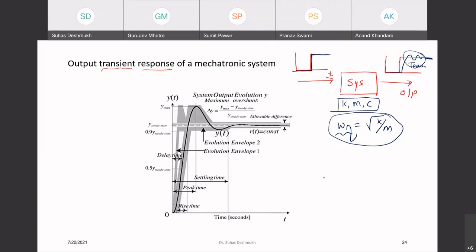You can observe the same thing with a sensor system, like a thermocouple or temperature sensor. Initially my temperature was somewhere around 20 degrees and suddenly it increased to 50 degrees or something. The output will not show exactly like this, but it will have certain oscillations and then it will come down to this.